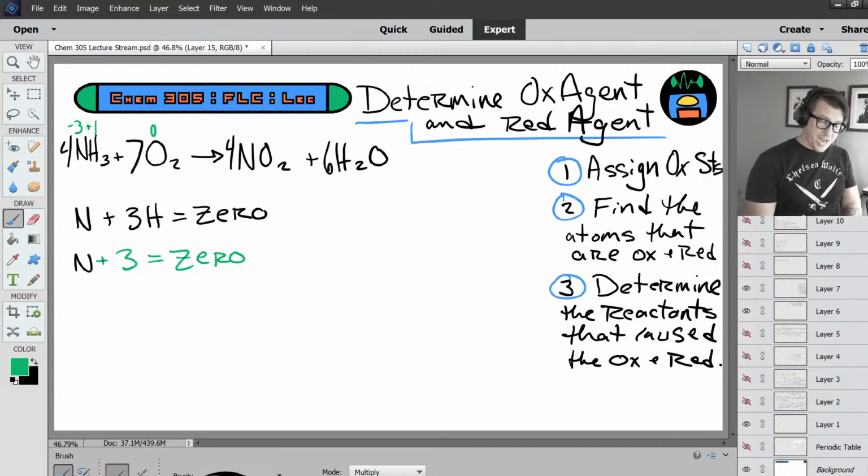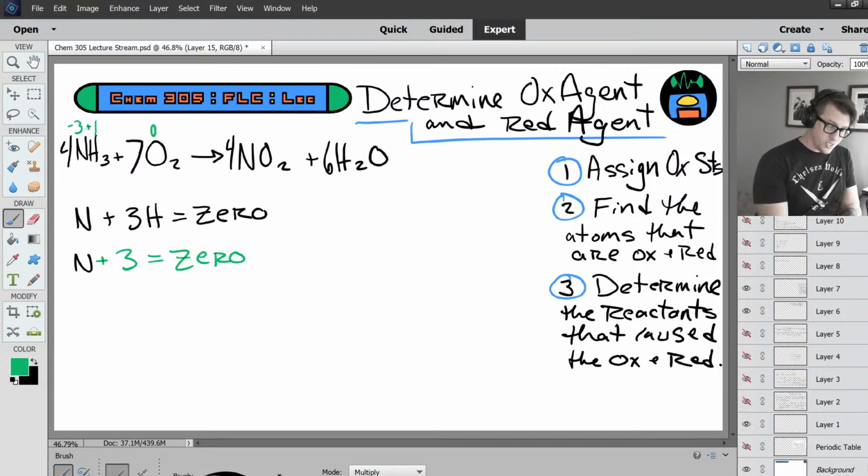Now for NO2, we don't have any hydrogens, and we don't have any metals in the first two columns. So for NO2, we have to resort to the fourth rule, which is the more electronegative element takes its normal ionic charge.